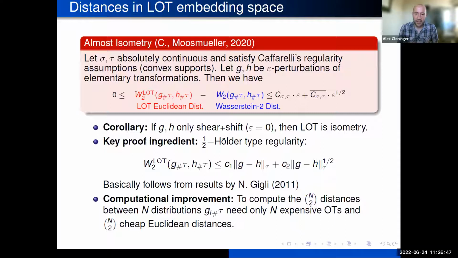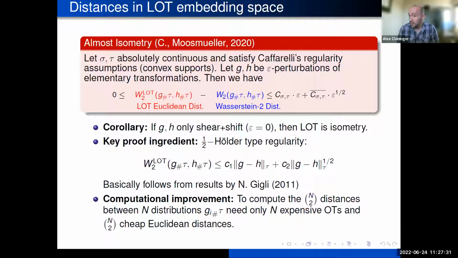Well, then it winds up that if I did this LOT distance, which remember is just the Euclidean distance between the features of a shifted, scaled, perturbed version of the distribution and some other shifted, scaled, perturbed version of the distribution, that distance is Hölder 1/2 continuous with respect to the original Wasserstein distance. So that means that if I do my LOT embedding and then just compute Euclidean distances, those distances are going to be almost correct. They're going to be almost the same as if I had done n choose 2 Wasserstein distances.